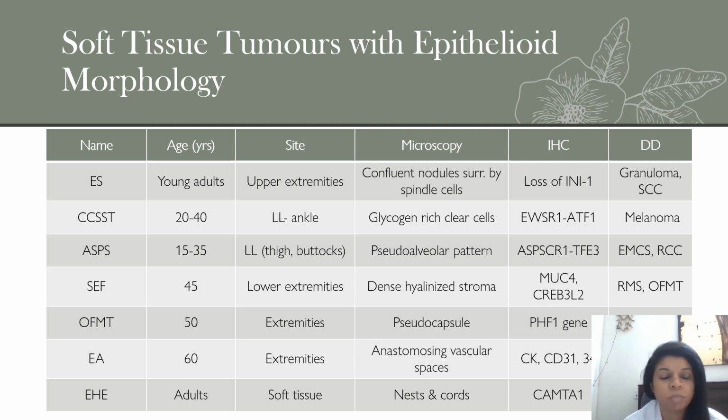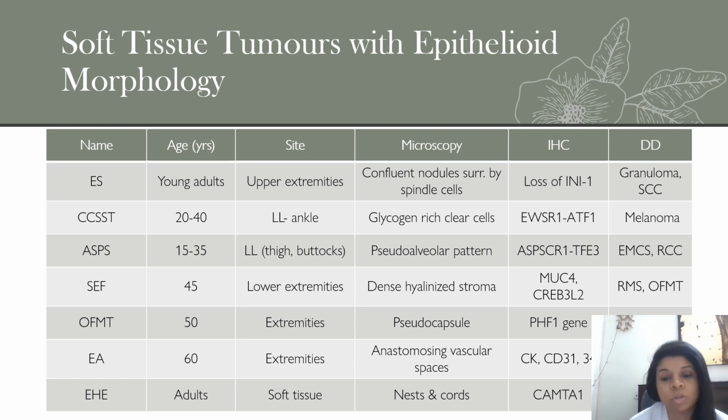So what is OFMT? Ossifying fibromyxoid tumor, usually seen in the 50s. In the extremities, they show thick fibrous pseudocapsule, and they have PHF1 gene rearrangement, and they are distinguished from SEF and LGFMS.